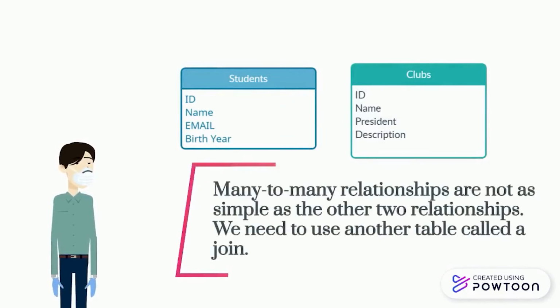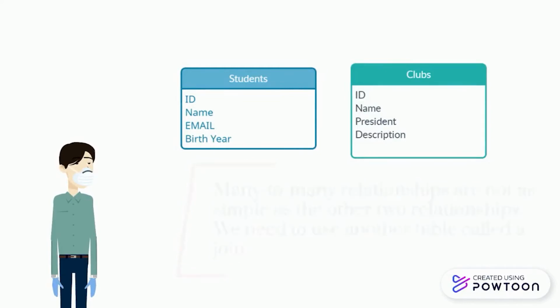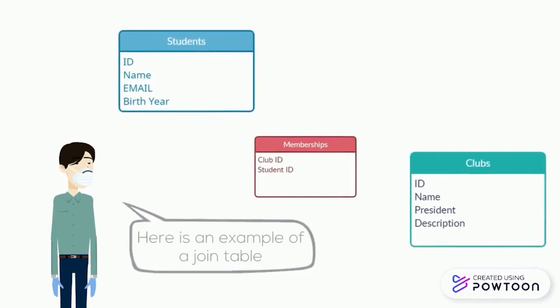Many-to-many relationships are not as simple as the other two relationships. We need to use another table called a join. Here is an example of a join table.